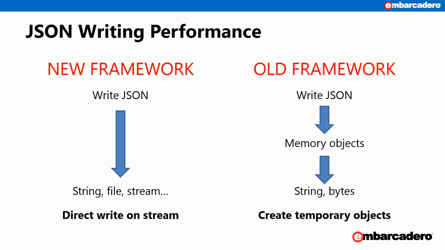In terms of JSON writing performance, using the new framework is more efficient because we don't need to create temporary memory objects. We just write JSON directly to whatever medium we want, so we can write to string, to file, to a stream, and we do it directly without creating temporary objects that can be memory expensive and also processor expensive.